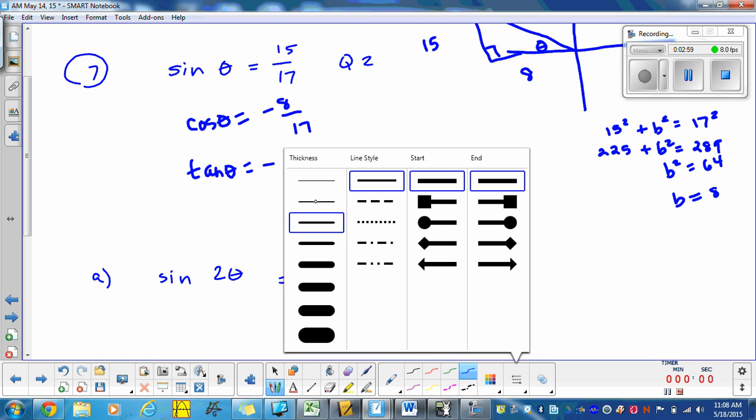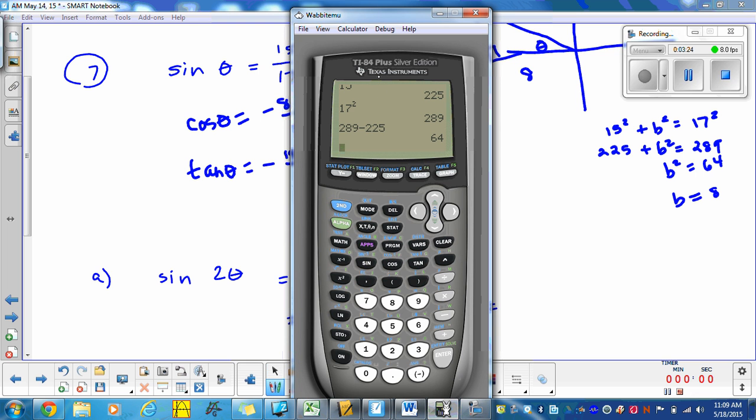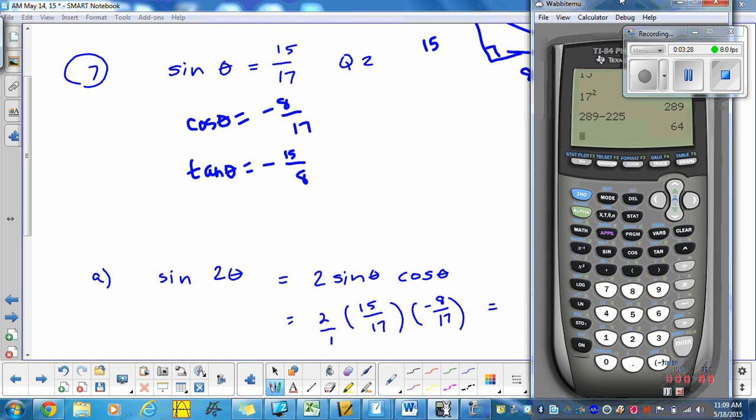So we're going to take a look at using the formula, the sine of 2 theta. So 2 times 15/17 times negative 8/17 is going to be the sine of 2 theta. So remember, you do put 2 over 1, and so we multiply the top of our fraction.